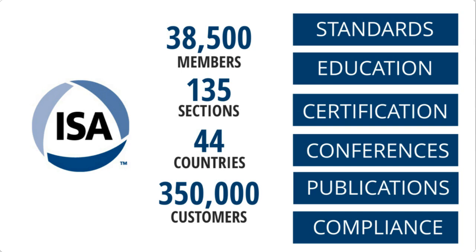It's global in nature, in 44 countries, and through our conferences and other events, we touch about 350,000 customers a year. ISA is also an ANSI accredited standards development organization. We've published over 150 standards since ISA has been in existence. This past year, we celebrated our 75th anniversary, so we've been around since 1945.